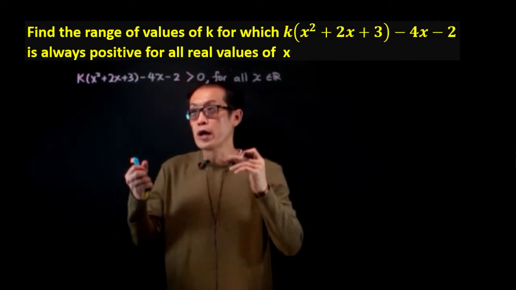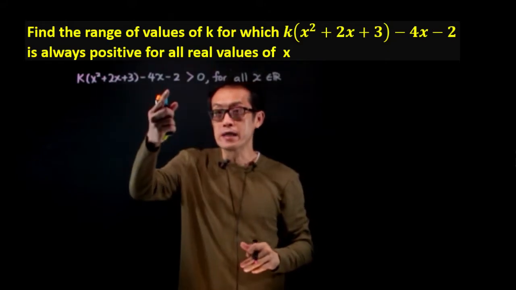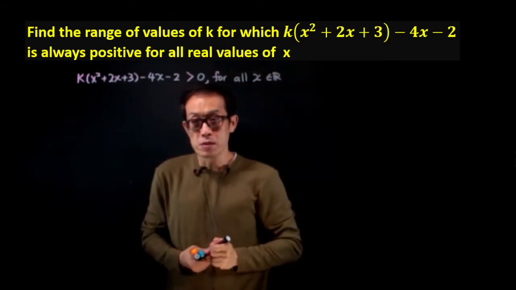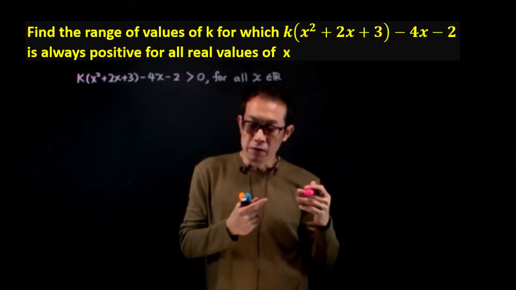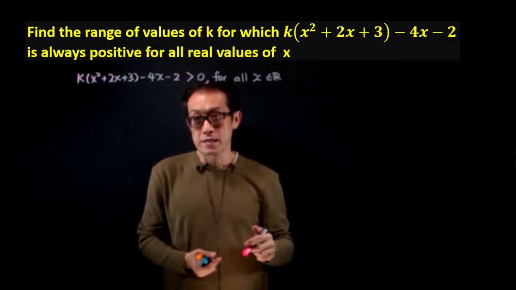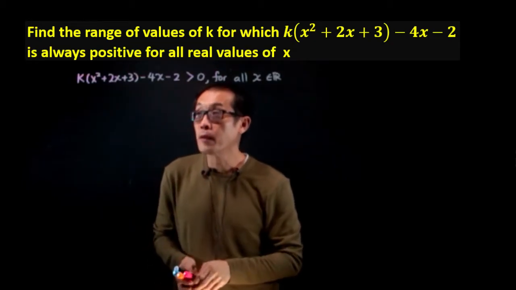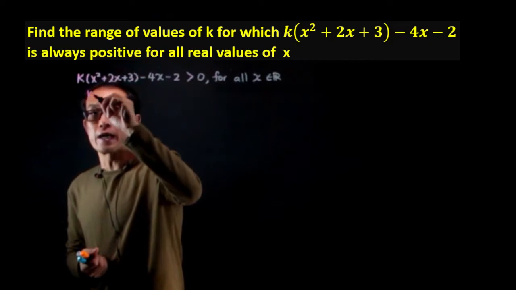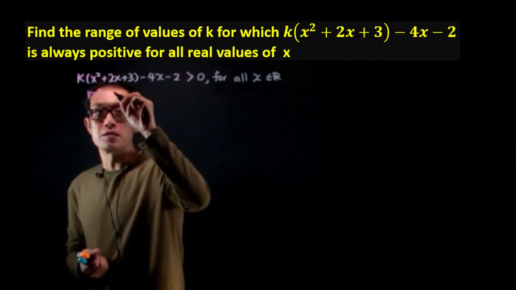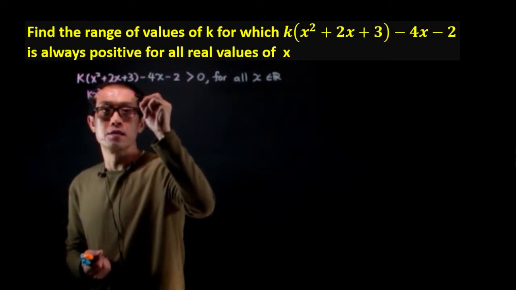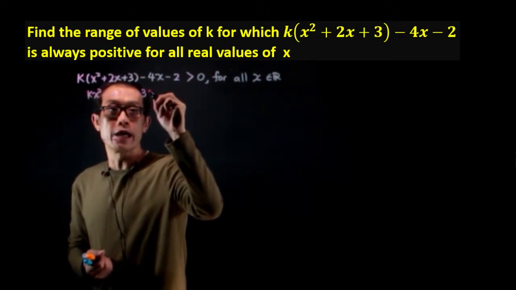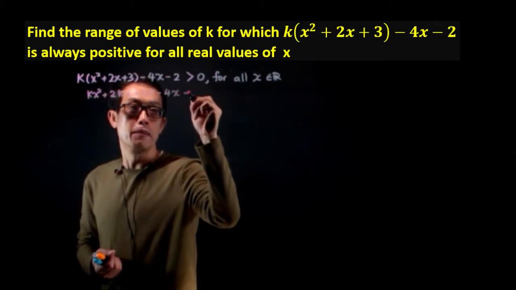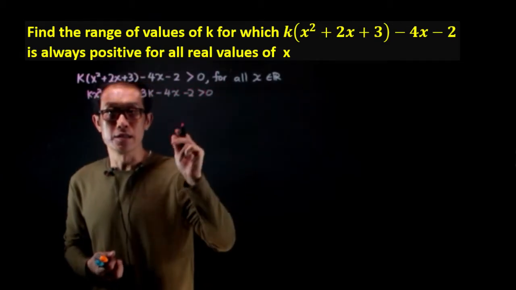Now, before we do anything, let us expand this and put it in the form of ax squared plus bx plus c. So you expand this, you will get kx squared plus 2kx plus 3k minus 4x minus 2 is greater than 0.